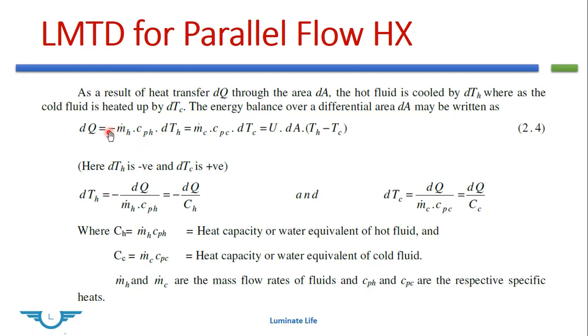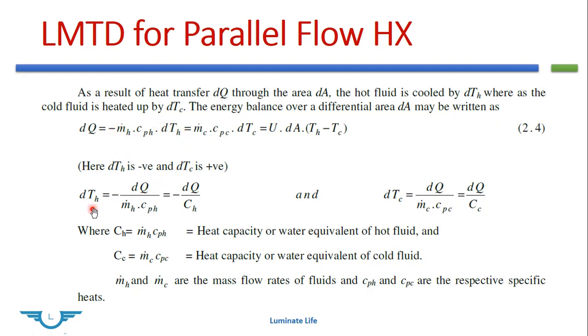This negative sign is to account for the decrease in temperature of the hot fluid, which is the same as mc cpc dTc. Okay, this can also be written as U dA (Th minus Tc). Since dTh is negative, we are introducing a negative sign to have the absolute value of heat transfer.